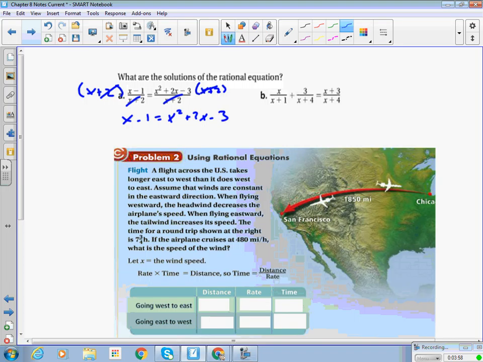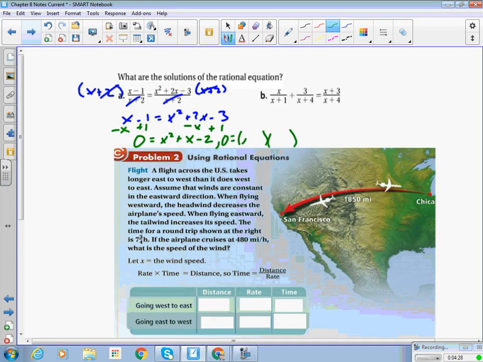Oh, remember when we did the quadratic equations? We are going to put all of our items on one side so that 0 is on the other. That means we're going to subtract an x and add a 1. So we get 0 equals x squared plus 1x minus 2. Then we're going to factor this side.